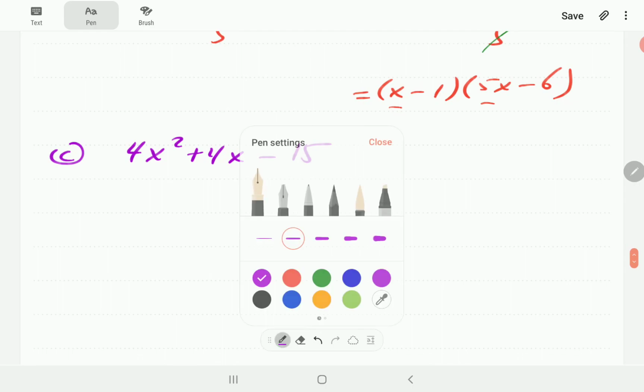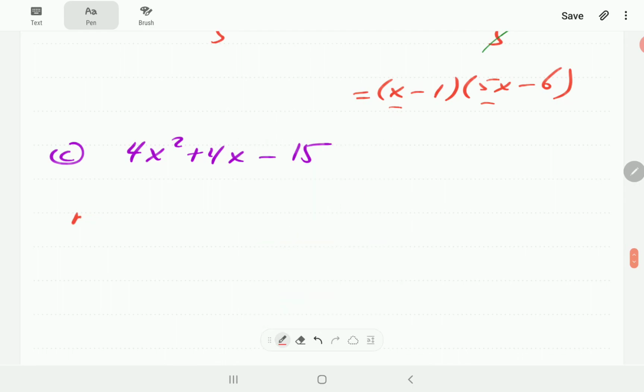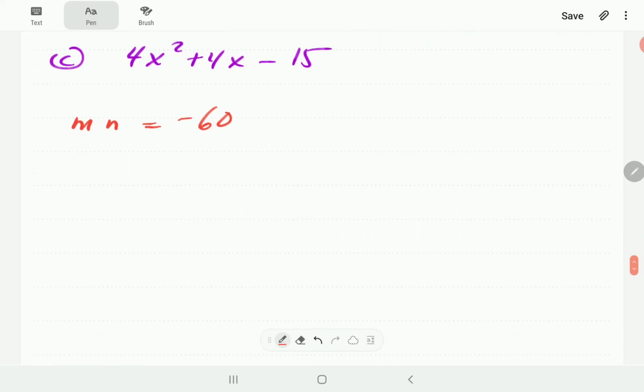Okay, so this time AC, which should be equal to m times n, is going to be negative 60. That's the product of A times C, and then m plus n is 4.